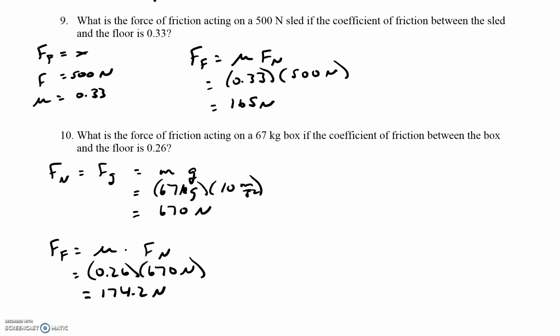So 67 kilograms times 10 meters per second squared is going to give us a normal force, or a force due to gravity, of 670 newtons. Our friction force equals mu times our normal force, so 0.26 times 670 newtons is going to give us a friction force of 174.2 newtons. Problem number 11 will be finished on the next video.